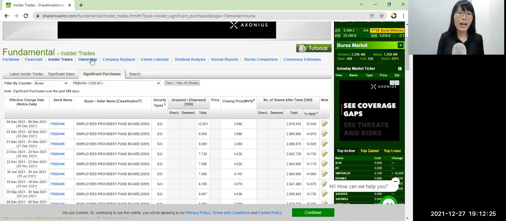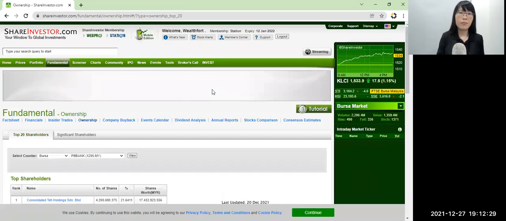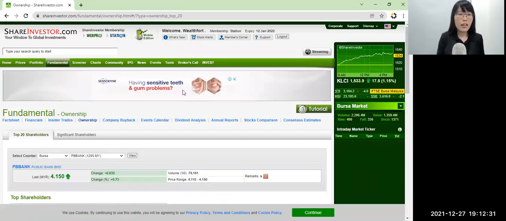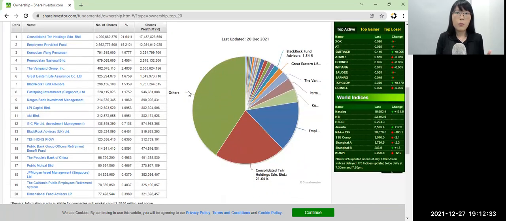So the next one, we will look at ownership. This is where you can find the top shareholders of the company. In ShareInvestor WebPro, you can find the top 20 shareholders of a particular stock.